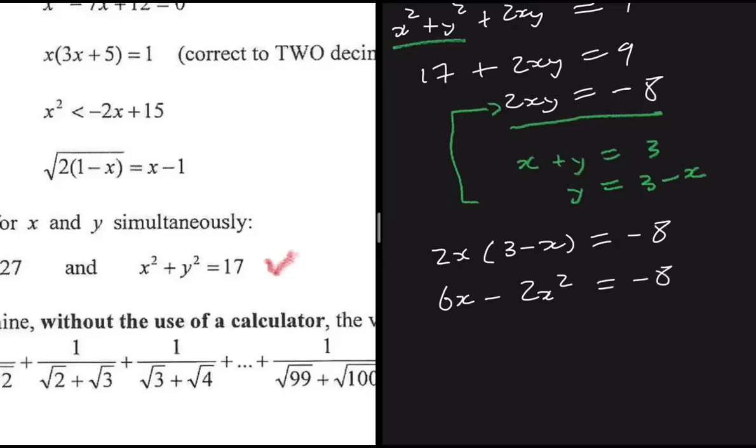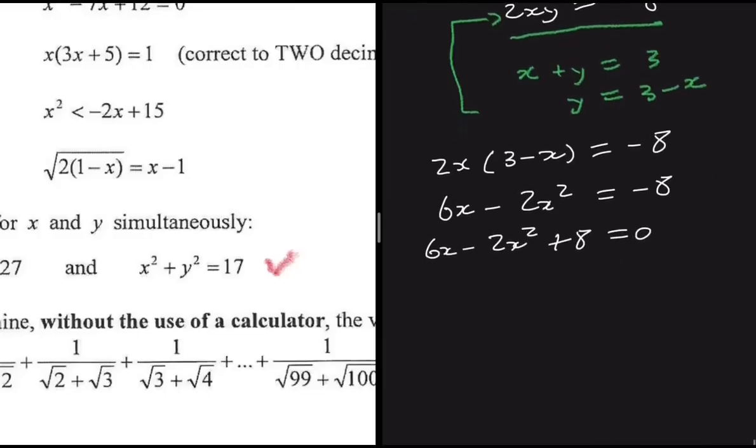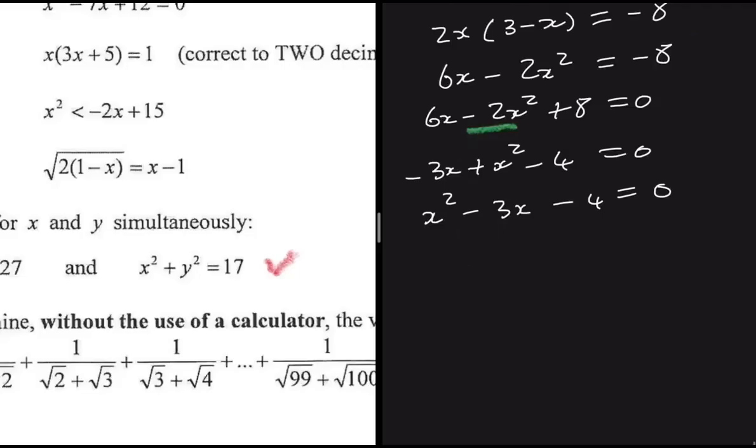Now let's take minus 8 to the left hand side. We're going to get 6x minus 2x squared plus 8 being equal to 0, right? And then if we divide everything by minus 2, we're going to get minus 3x plus x squared minus 4 being equal to 0, right? So we can write this nicely as x squared minus 3x minus 4 is equal to 0, right?